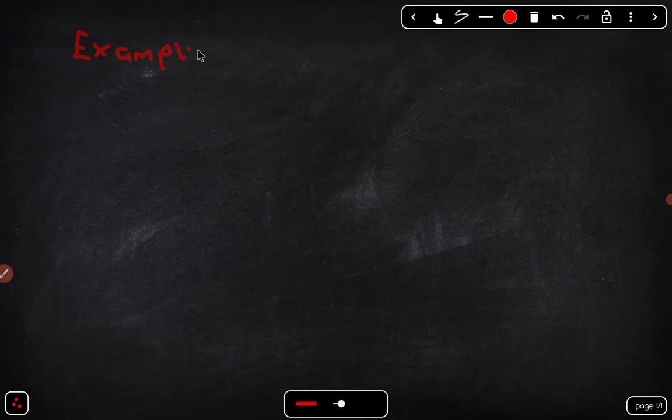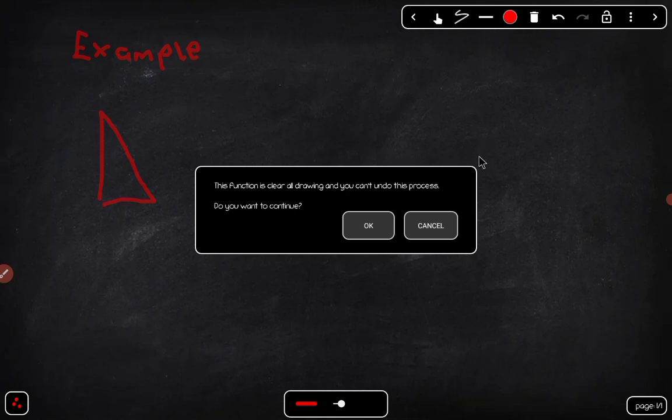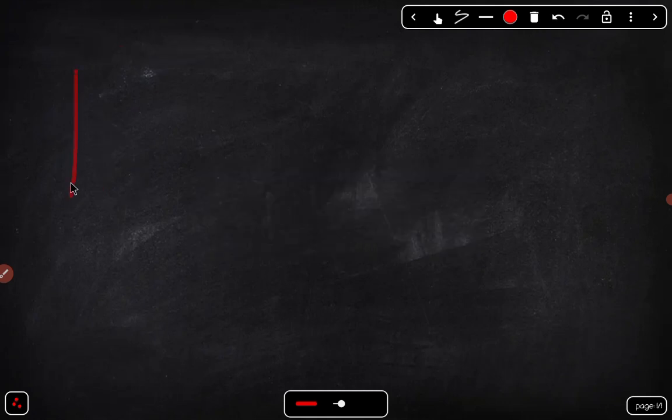So for example, you have this triangle here. Let me just make it big. Like that. Then here you have 60 degrees. This is A, this is B, this is C.